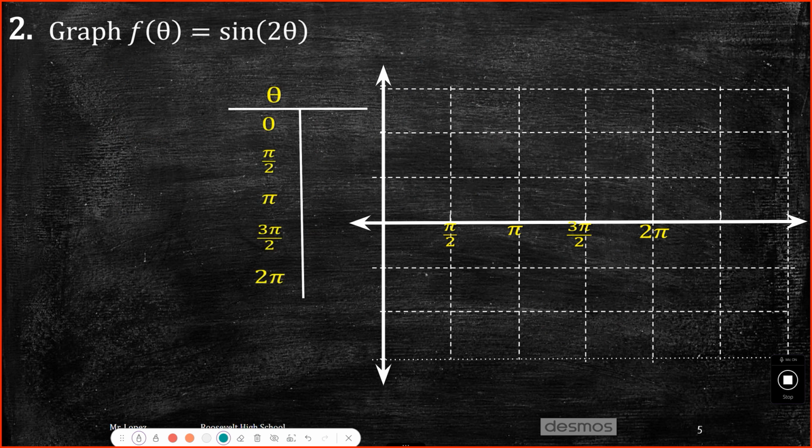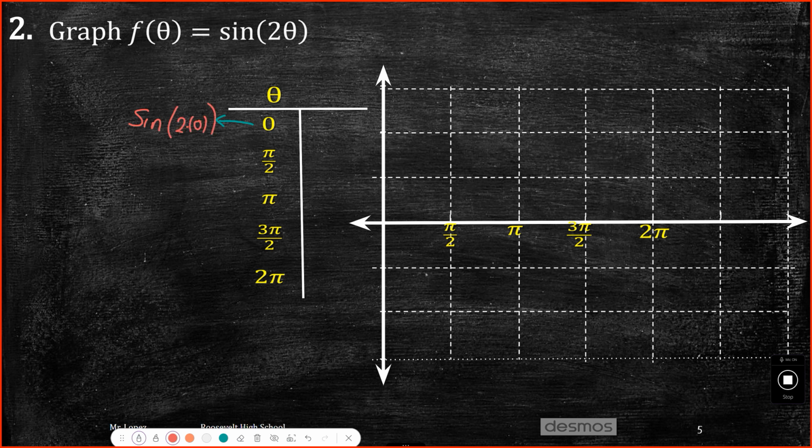We make a table again. Sine of 2 times 0.